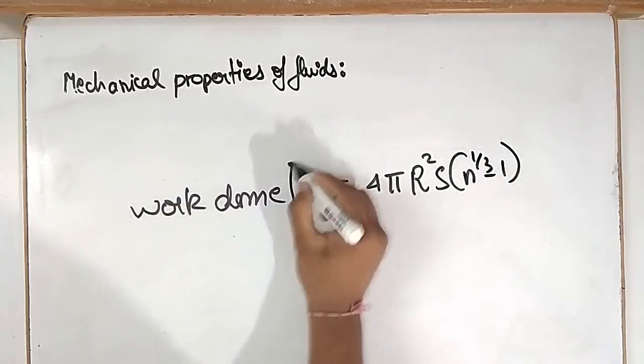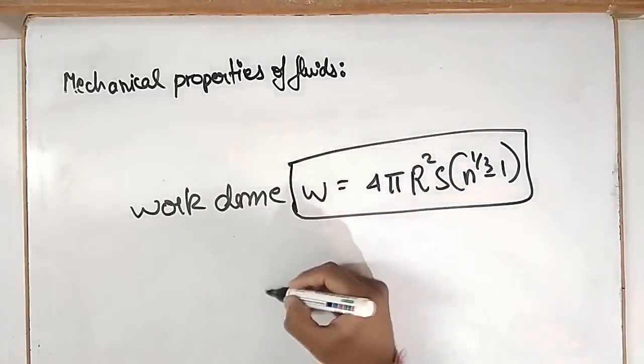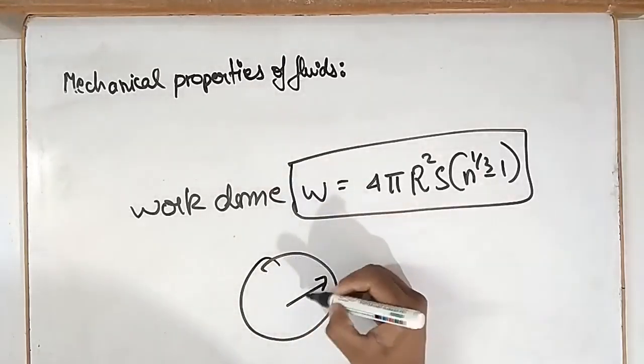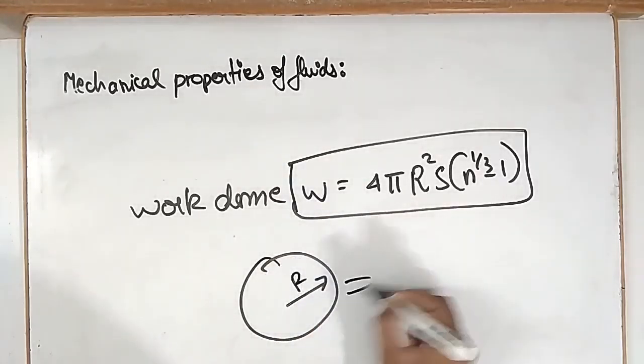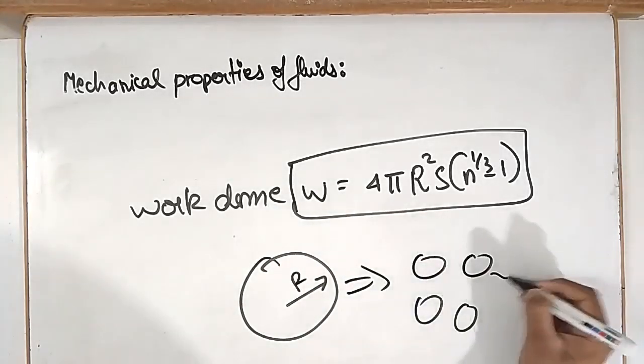So this is the formula for a big drop of radius R being broken down into n identical drops.